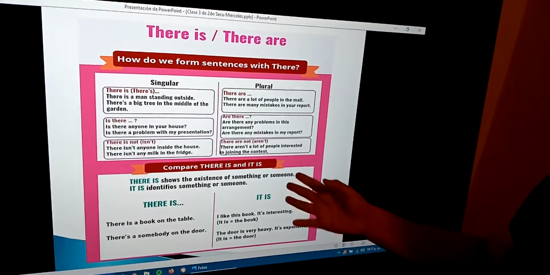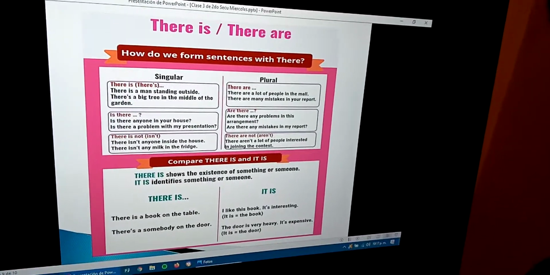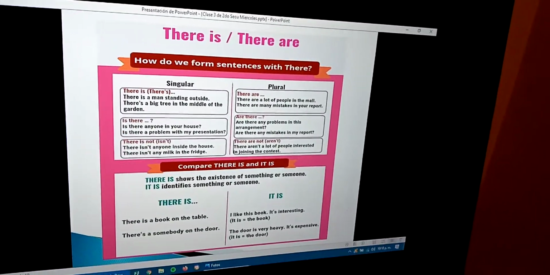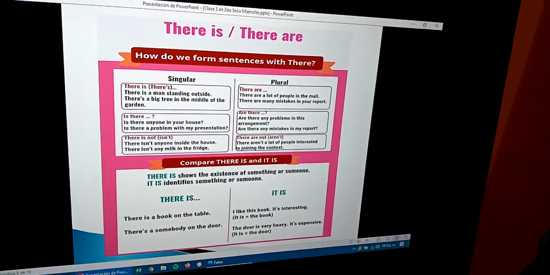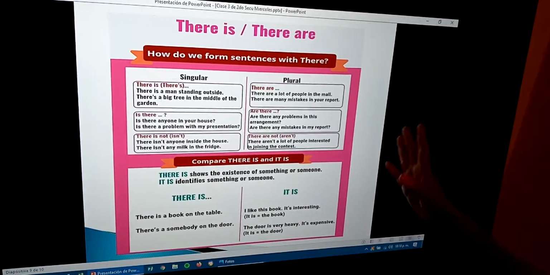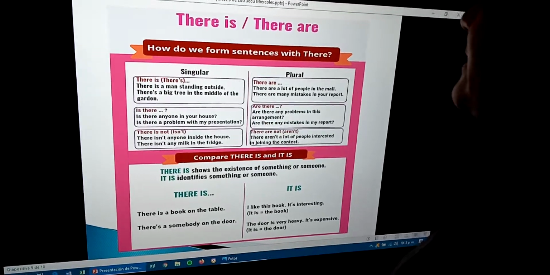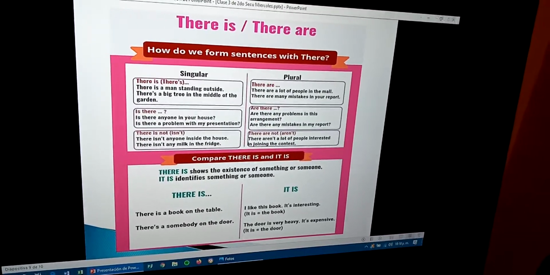Okay? Look at right here. Compare "there is" and "it is." "There is" shows the existence of something or someone. "It is" identifies something or someone.